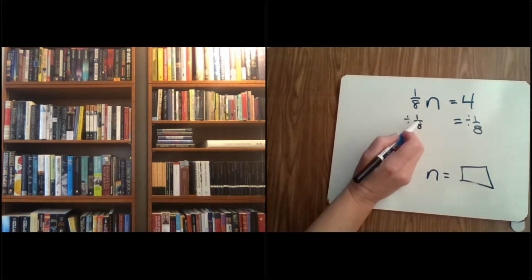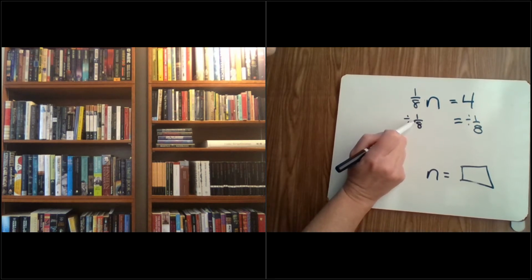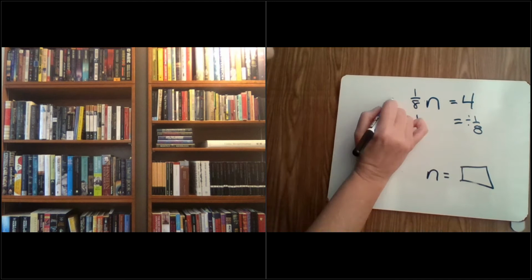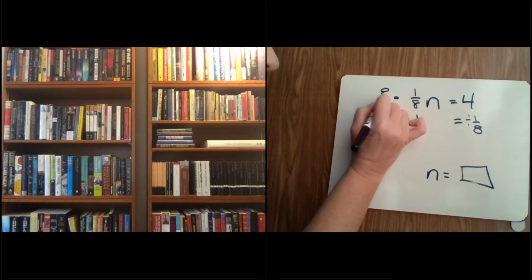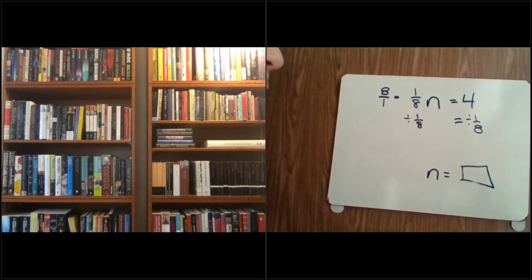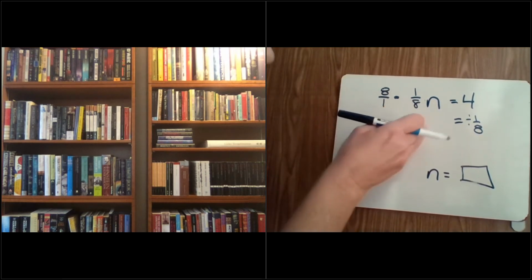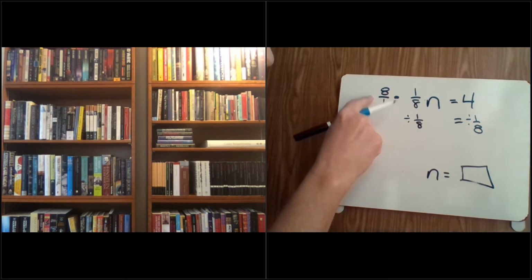Okay, so if you remember dividing by a fraction, we actually multiply by the reciprocal of that fraction. And if you don't remember the term reciprocal, I call it the flip-flop. We just flip-flop the fraction and multiply.